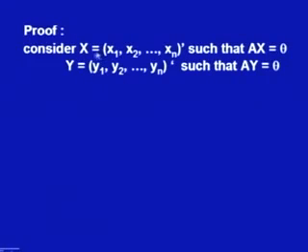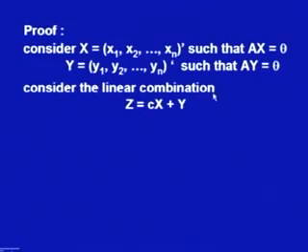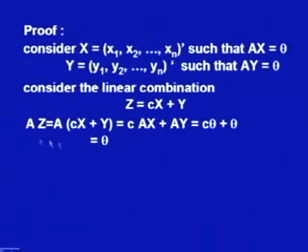we consider x as (x1, x2, ..., xn), a column vector such that Ax is equal to theta, and y is equal to (y1, y2, ..., yn) such that Ay is equal to theta. Now, we consider the linear combination z is equal to Cx plus y, and we will see whether Az belongs to this given set or not.